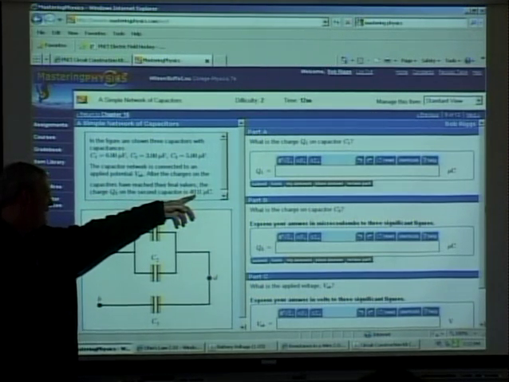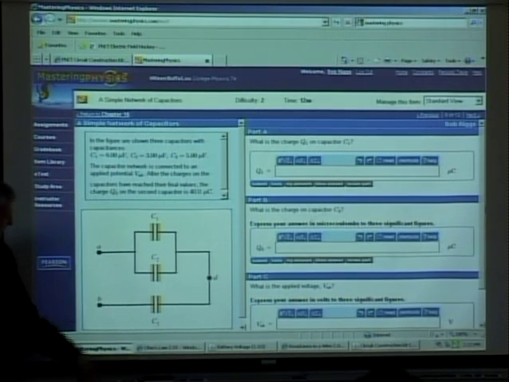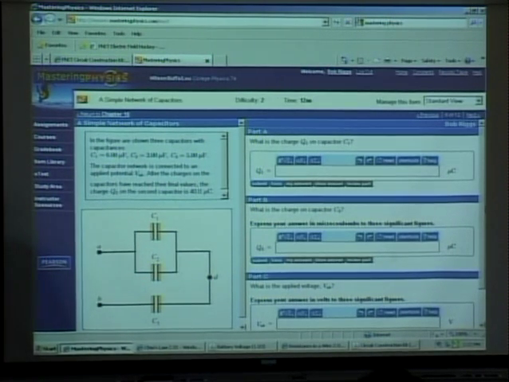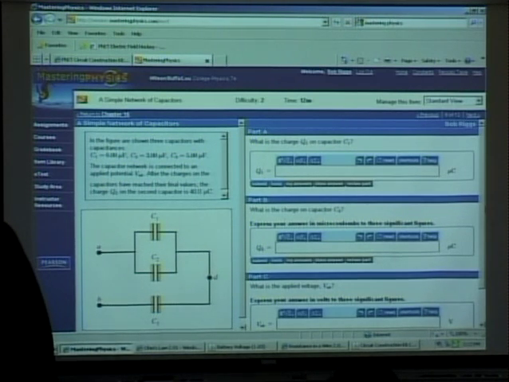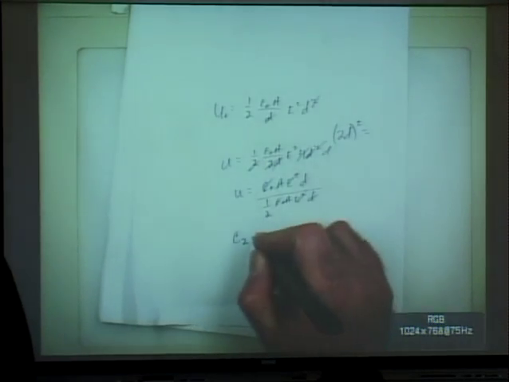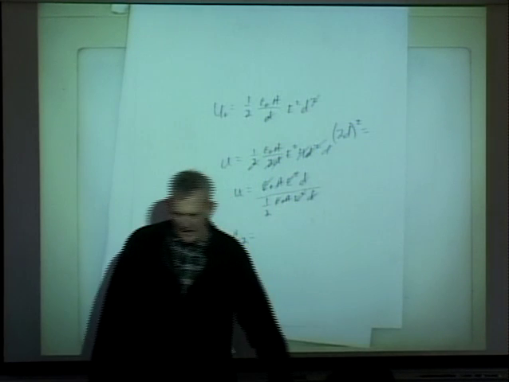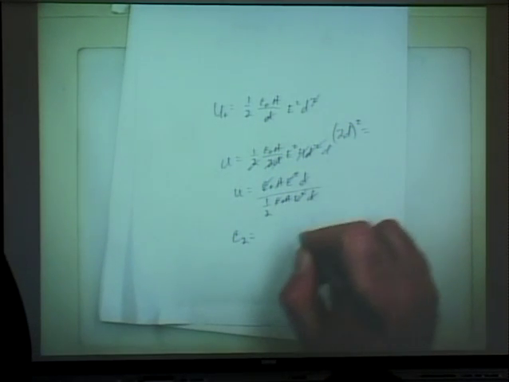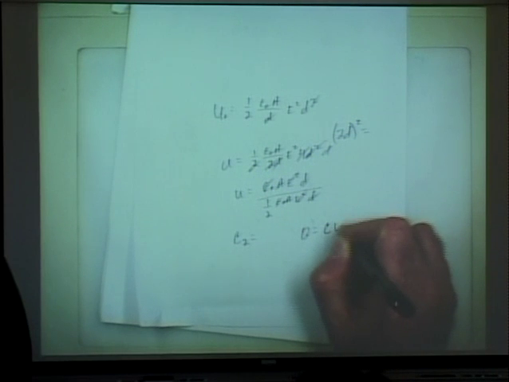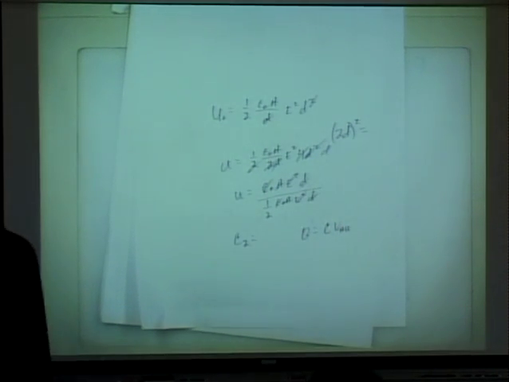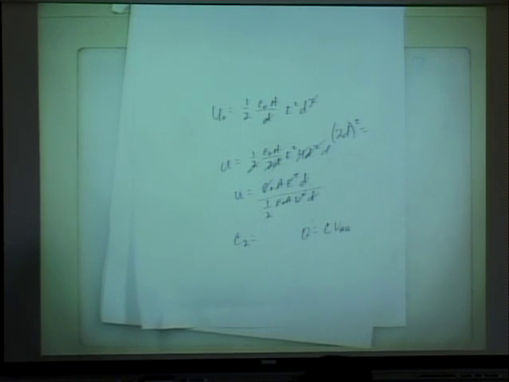All right, so if I've got 40 microcoulombs of charge here on C2, I'll have to find what voltage AB is. You know C2 is some microfarads, and you also know that Q is equal to C times VAB.